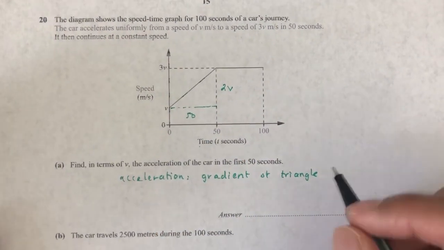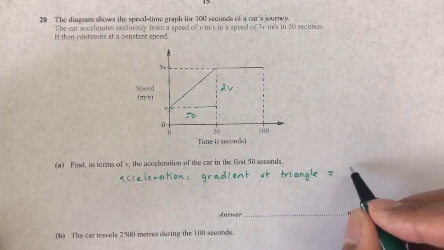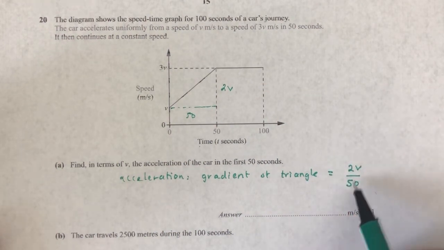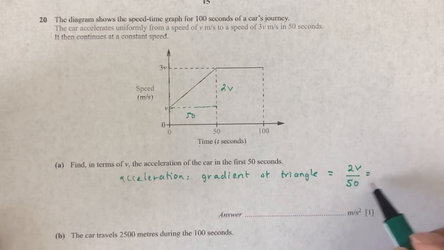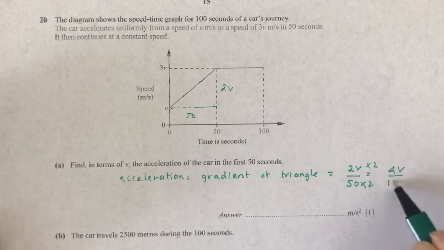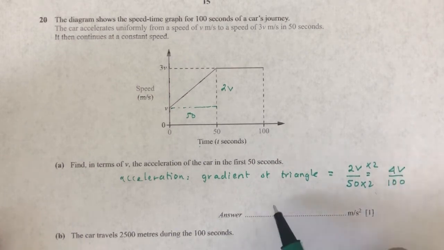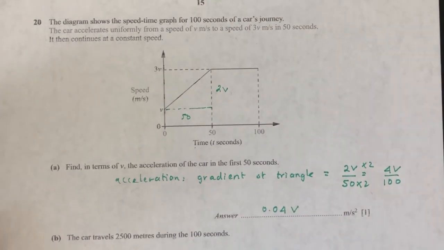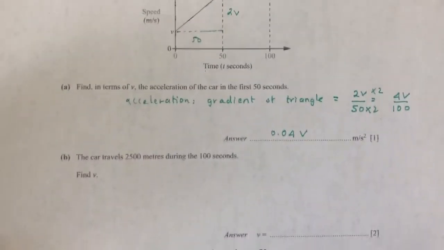So the gradient will be the height divided by base, which is 2v divided by 50. We can times 2 here and times 2 here. We will have 4v divided by 100. So your answer will be 0.04v meters per second squared. That is for part A.